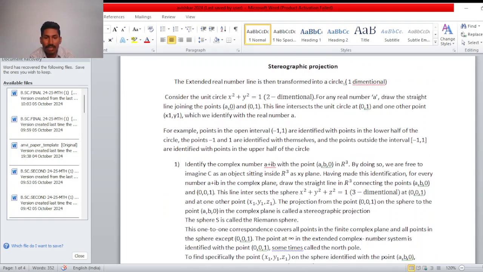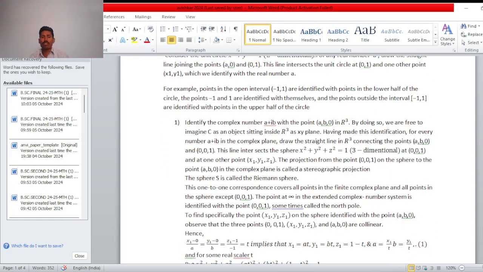In a similar manner you can transform a complex plane onto a standard unit sphere. So a plus ib is any complex number, and I take the three-tuple a, b, 0 in R3. I want to know what is the point corresponding to a plus ib. Then join the point 0, 0, 1 and a, b, 0.